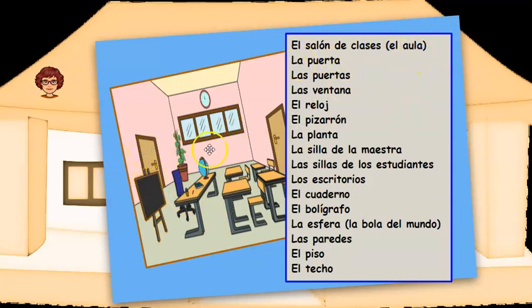So vemos la puerta, las puertas, las ventanas, el reloj, el pizarrón, la planta, la silla de la maestra, las sillas de los estudiantes, los escritorios, el cuaderno, el bolígrafo, la esfera o la bola del mundo, las paredes, el piso y el techo. And again, there is another chair behind here, but I covered it. I didn't realize. Anyway, let's move on.